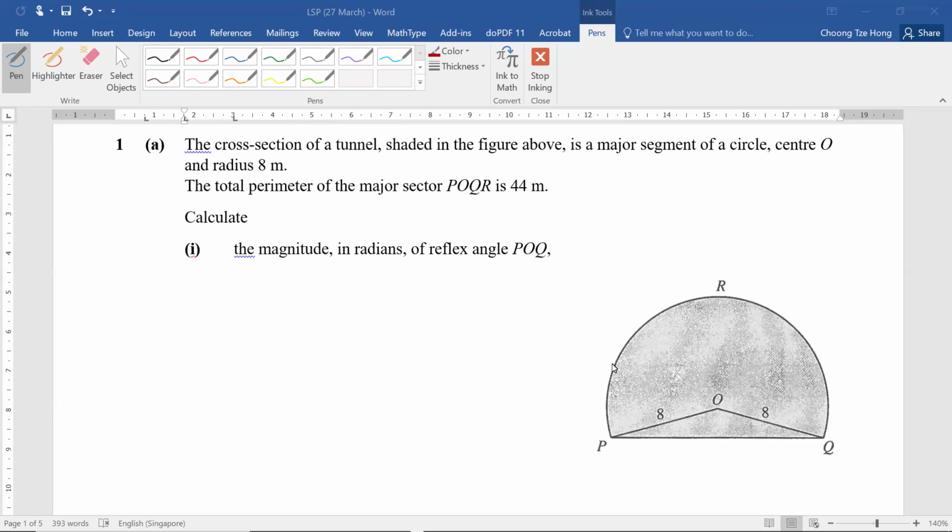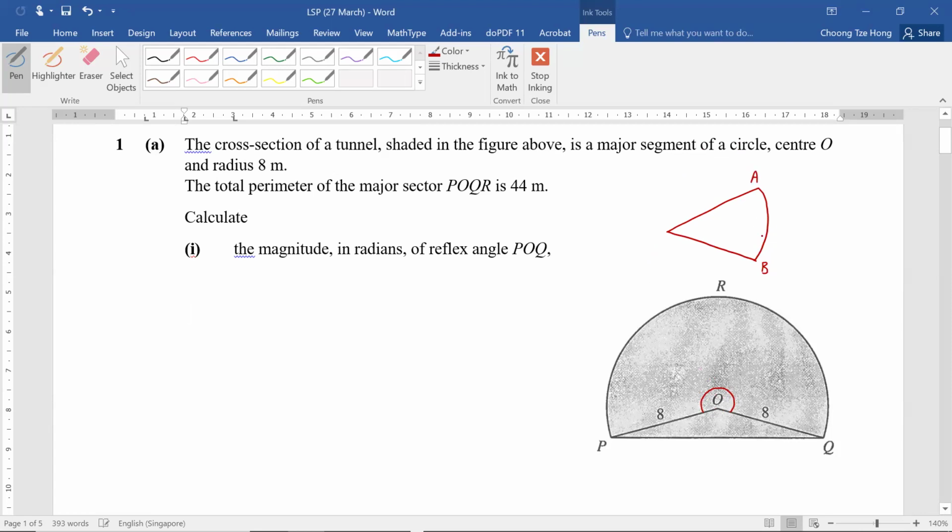That would be 44. Part 1: they want us to calculate the magnitude in radians of the reflex angle POQ. The reflex angle POQ is over here. We need to apply the formula for the arc length. If you recall, let's say we have any sector, and this is the arc AB.